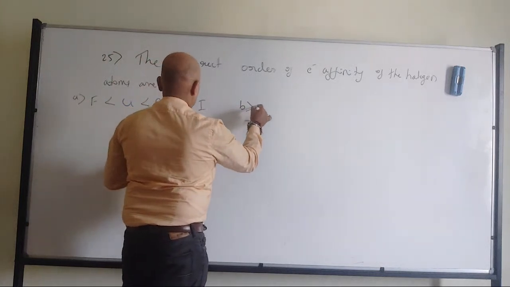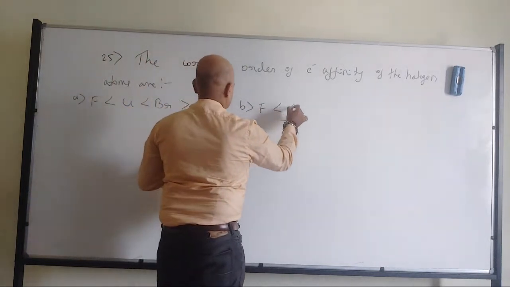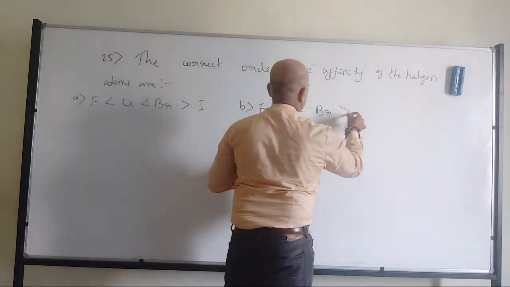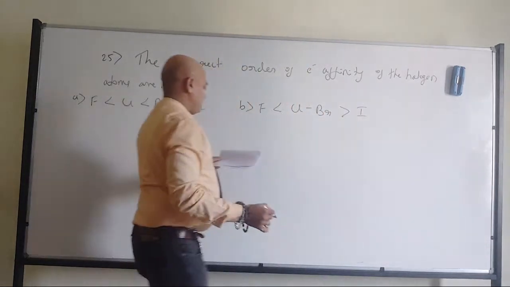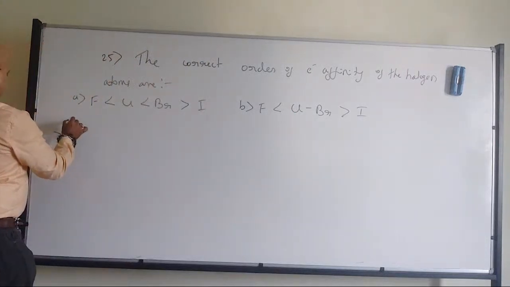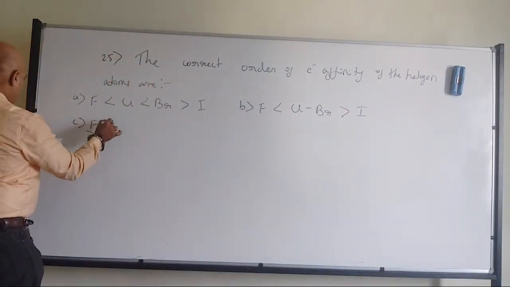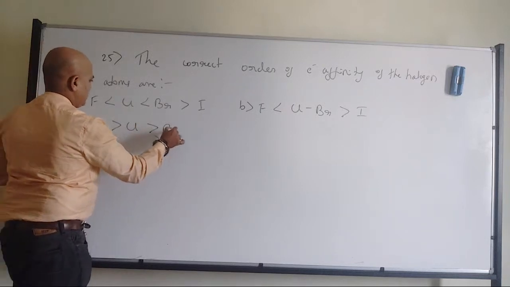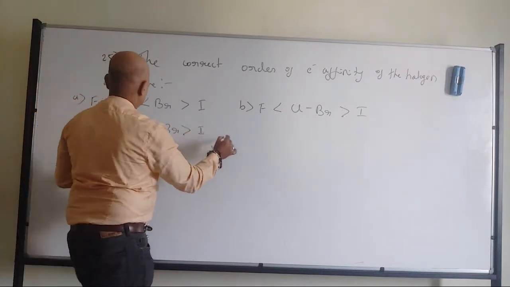Option B: fluorine less than chlorine, which will be the same as that of bromine, which is greater than that of iodine. Option C: fluorine greater than chlorine greater than bromine greater than iodine.